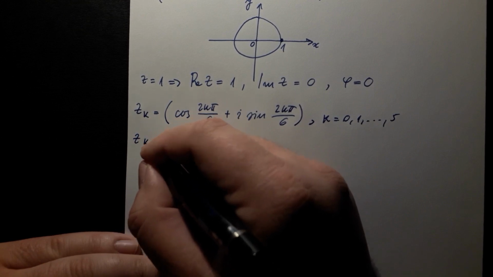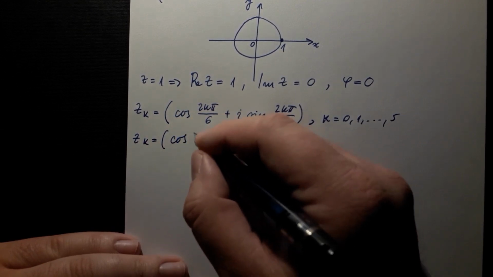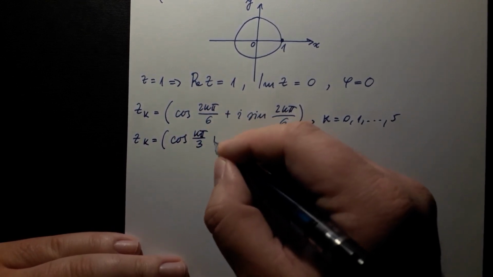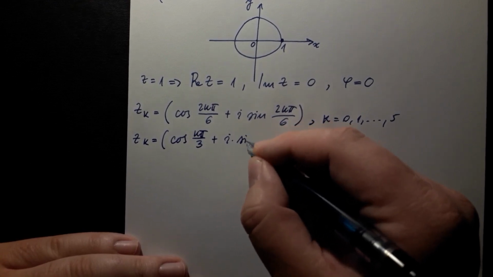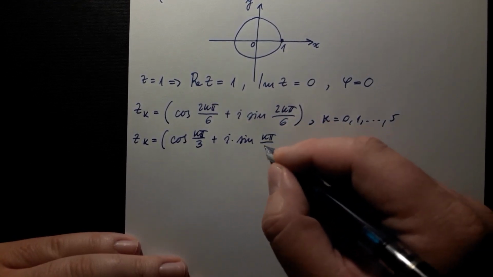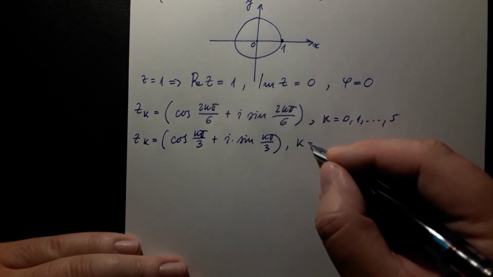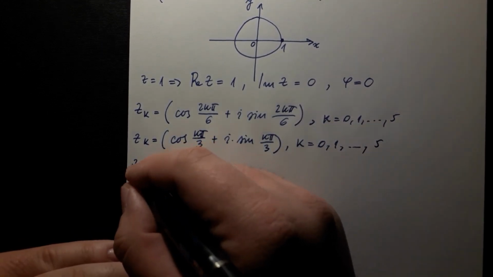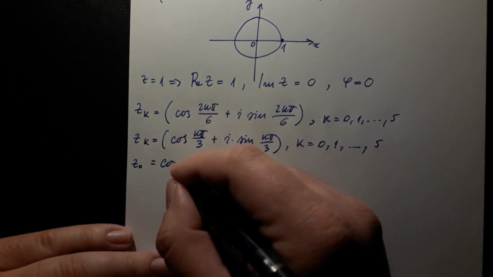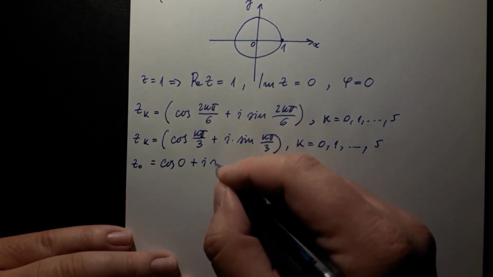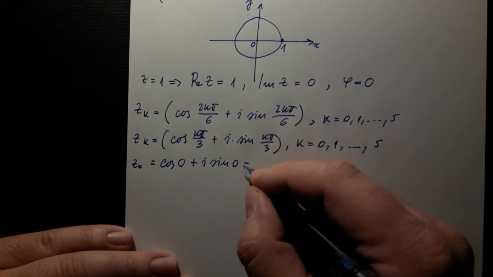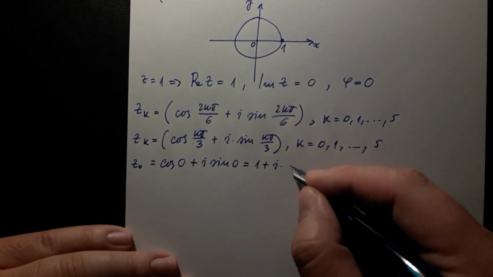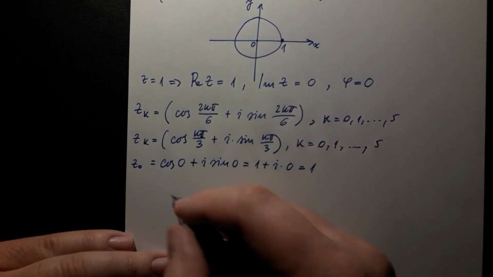So zk is equal to cosine of kp over 3 plus I times sine of kp over 3, and that is for k 0, 1 all the way to 5. Now our number z0 becomes cosine of 0 plus I sine of 0, which is equal to 1 plus I times 0, which is equal to 1.